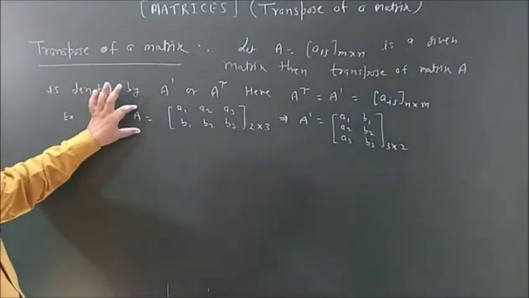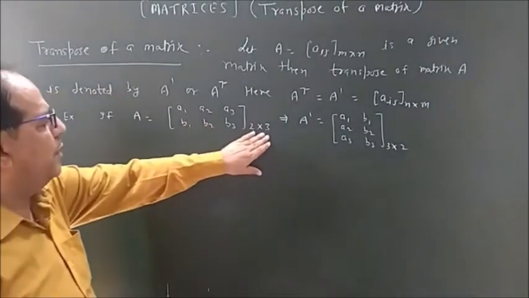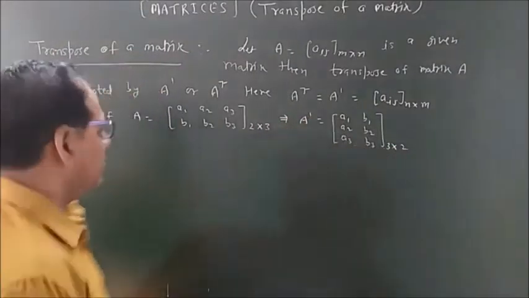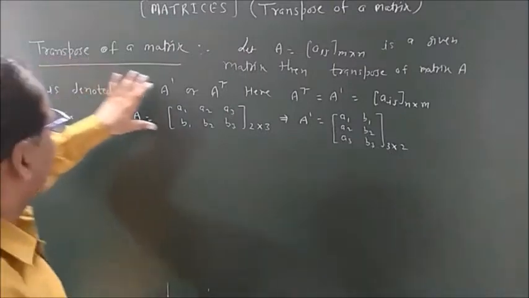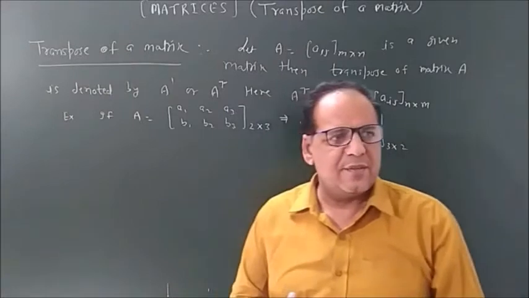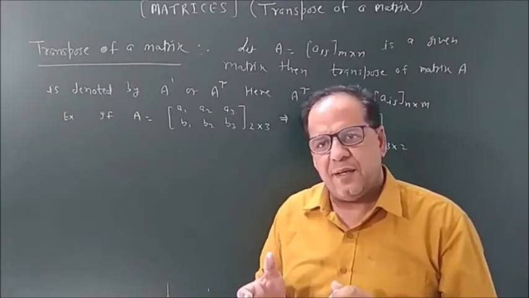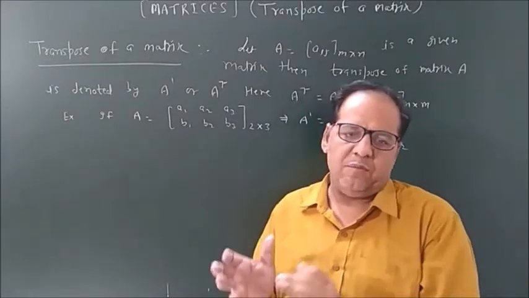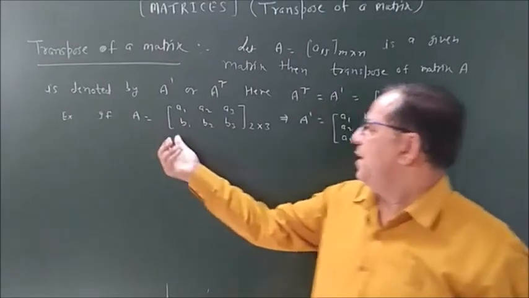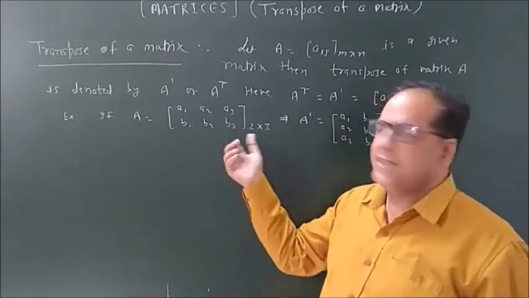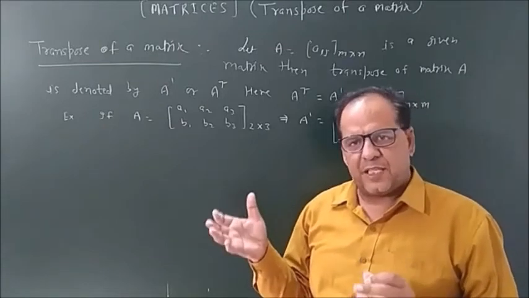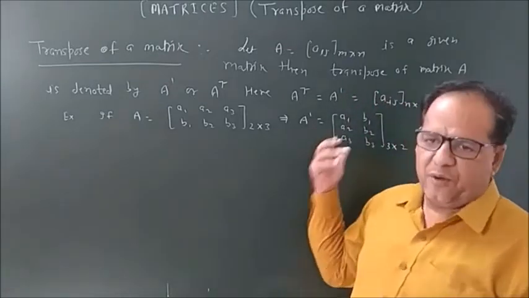If the order of matrix A is 2 by 3, then the order of matrix A dash will be 3 by 2. So this is a basic concept of transpose. That means the transpose of a given matrix is obtained by interchanging its rows and columns. And the most important thing is that if the order of the given matrix is m cross n, then the order of A transpose is n cross m.